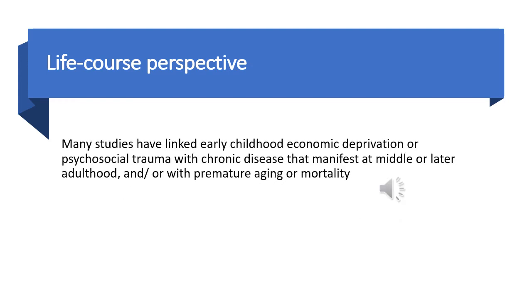Other studies in life course epidemiology have shown that there is an association between early childhood economic deprivation and psychological trauma, or experiencing adverse events during childhood, and chronic disease later in life, or even premature aging and mortality.